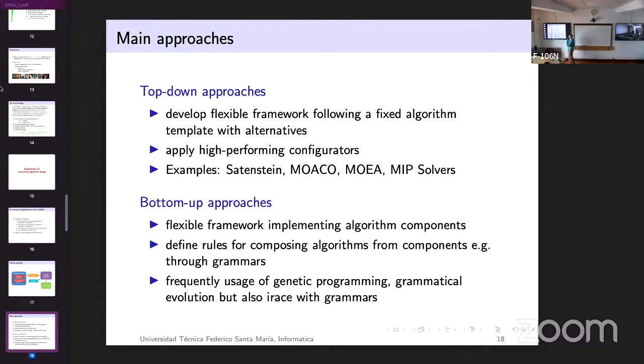In top-down approaches, you develop a flexible framework following a fixed algorithm, and you apply high-performing configurators. One of the earliest is SAPS-like work from 2009, but you have also our MOEA algorithms, solvers, and so on. Then there are the bottom-up approaches.